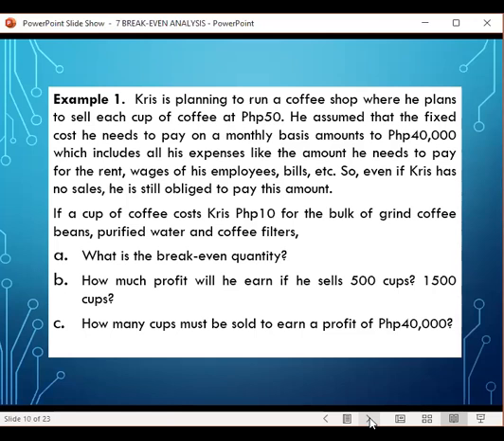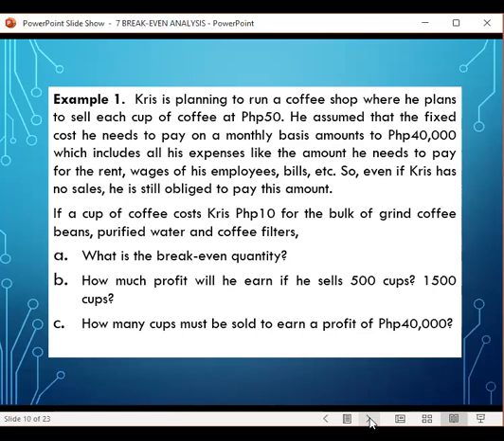So, even if Chris has no sales, he is still obliged to pay this amount. So whether he sells a coffee or not, the 40,000 pesos is still payable for that certain month.